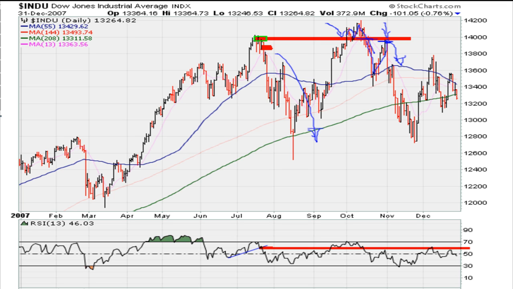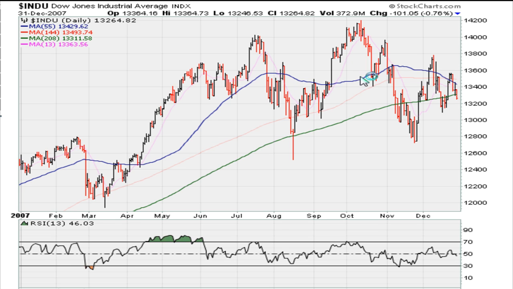Every time you stall, like we stalled here back below the red line, that tells you it's a time to get out. We stall again here, which was this high, and again here, which was this high, and the market would go on not to see these levels. In fact, the market would trade lower for 2008.